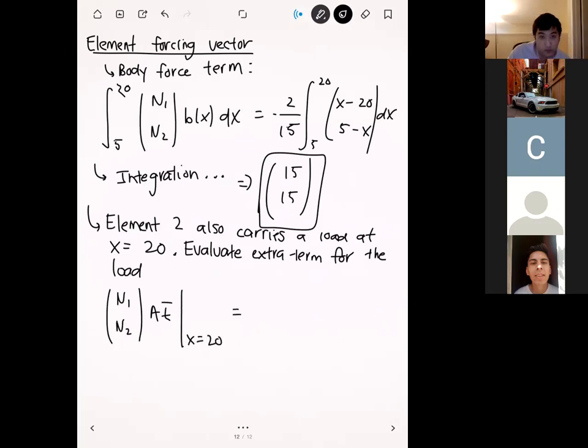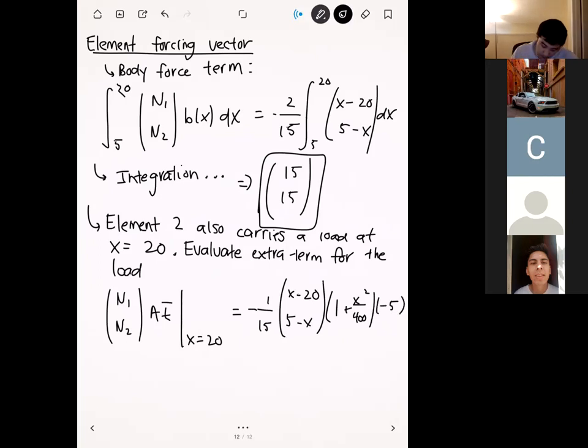Okay. And so same thing we did before, and so we're going to plug in for x1 and x2 here. Okay. And so we're going to have a minus 1 over 15 times x minus 20, and then 5 minus x. Okay. We need to plug in for a, and so a here is 1 plus x squared over 400. And then we're going to multiply by t bar, where t bar here is minus 5.